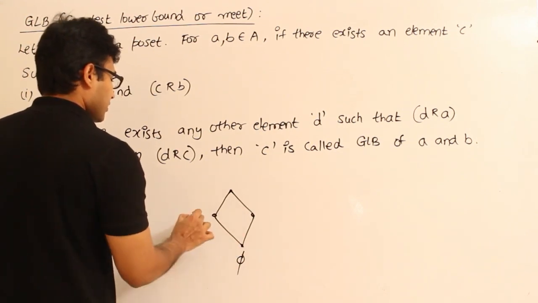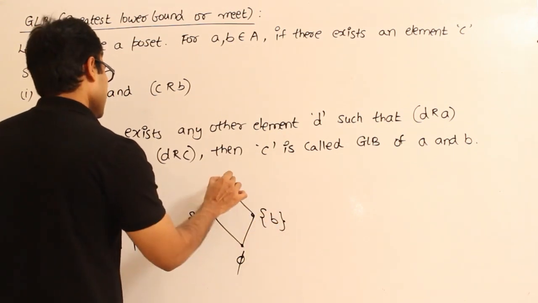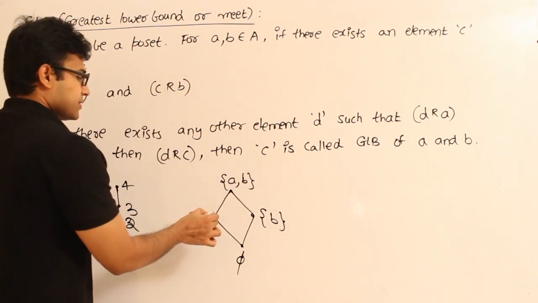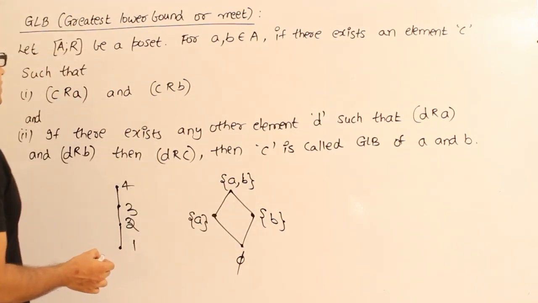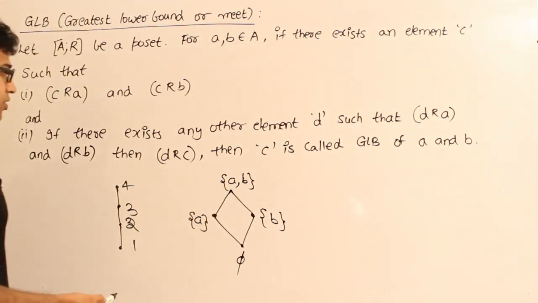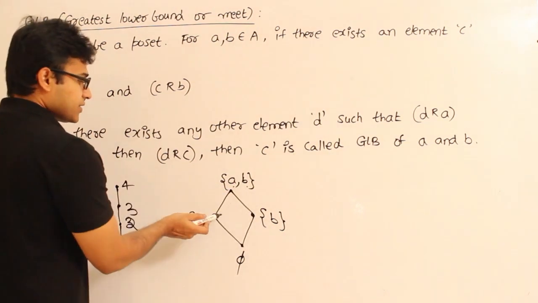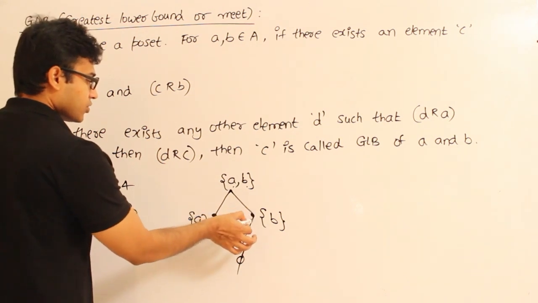Let's say this is the empty set, and this is the set containing one element A, the set containing one element B, and the set containing AB. Earlier we have seen the least upper bound of A and B. Least upper bound of A and B was this. Now what is the greatest lower bound, which means what is the element lower than this for both of them?